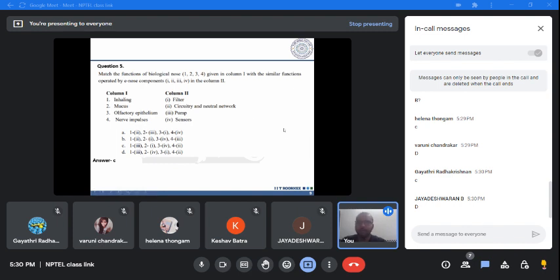So inhaling is a pump. In our biological system, what we inhale corresponds to the pump in the e-nose. The two, mucus, is the filter, and three, olfactory epithelium, is the sensor, and nervous impulse is the circulatory and neural network.